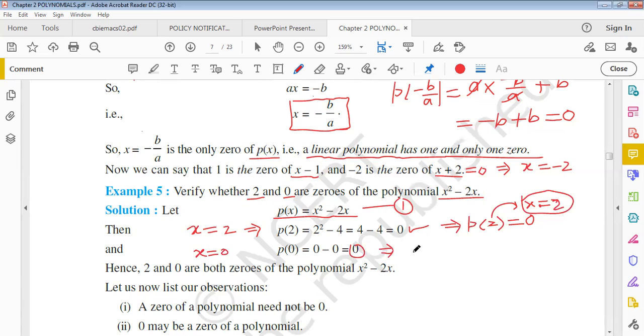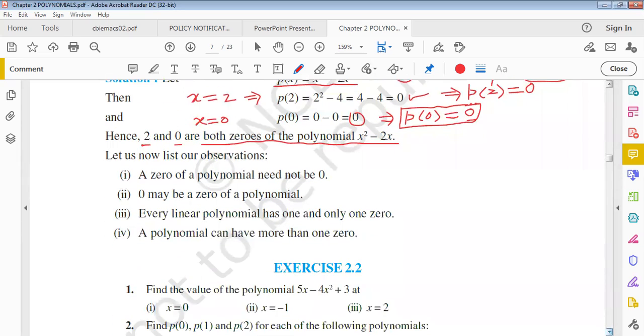So we are finding out here that p of 0, when we are replacing x by 0, is also 0. So x equals to 0 is a zero of the given polynomial. Hence 2 and 0 both are zeros of the polynomial x square minus 2x.